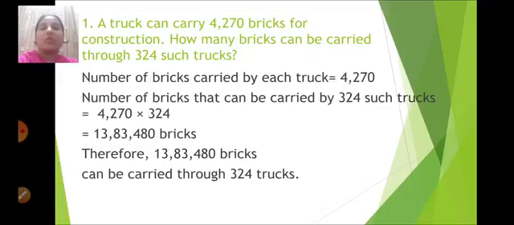So just see here, one question I have framed here like, a truck can carry 4270 bricks for construction. How many bricks can be carried through 324 such trucks? Okay, we have to frame such a word problem where we have to multiply. Okay, so for the solution, first we will write what is being given. So the number of bricks carried by each truck is given, which is 4270.